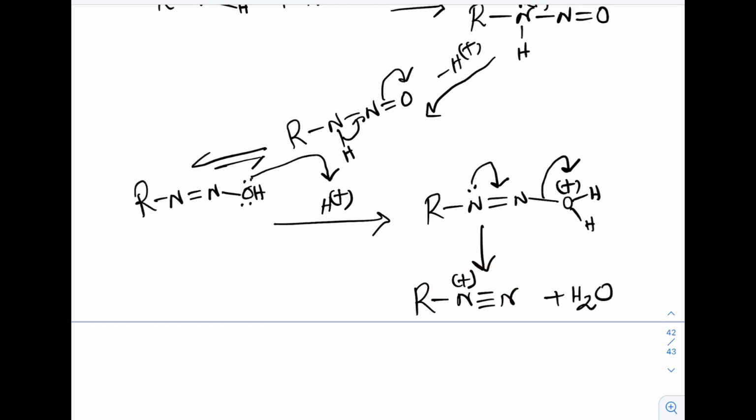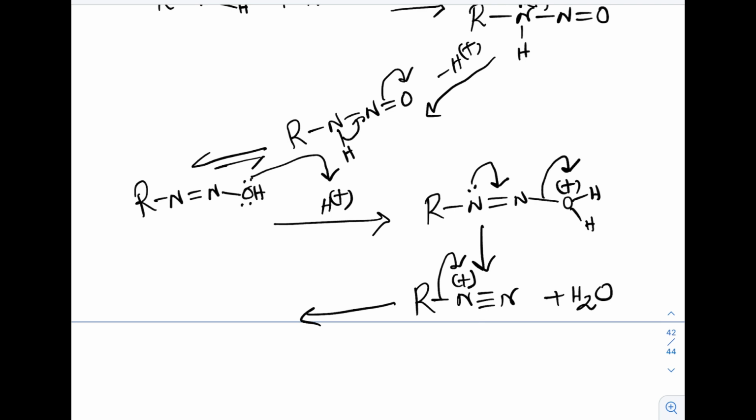In the next step, this bond will be shifted over here due to the drastic withdrawing, minus I effect of this N2 plus moiety. As a result, one electron will be lacking in this R, so R will get a positive charge.